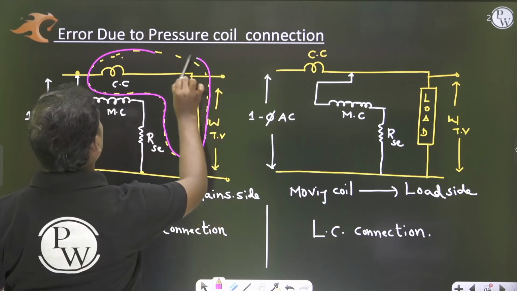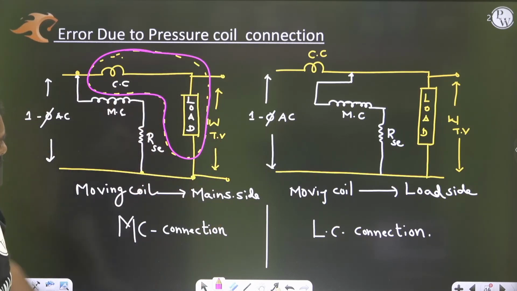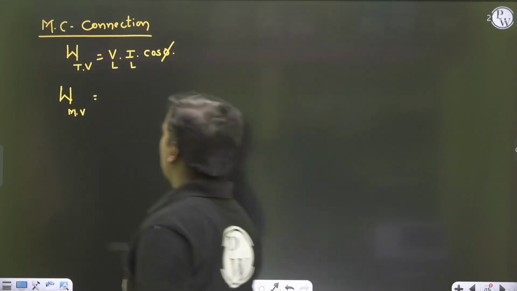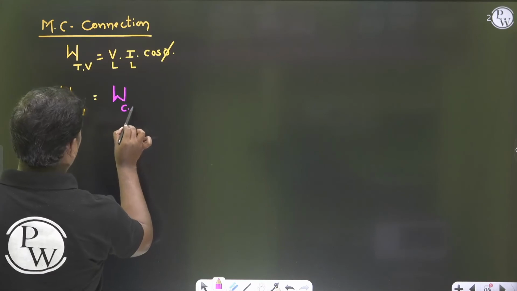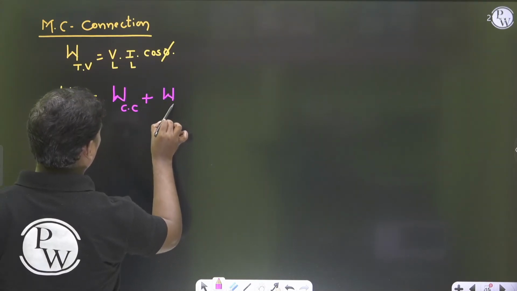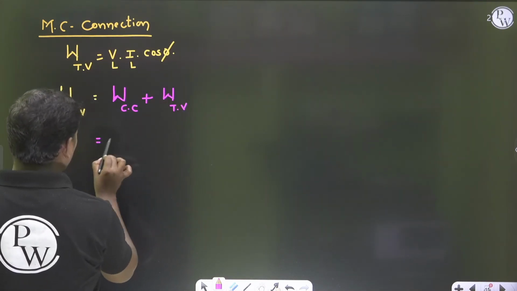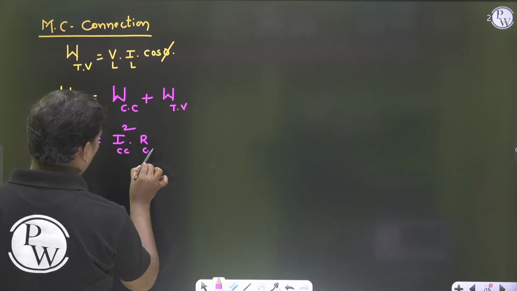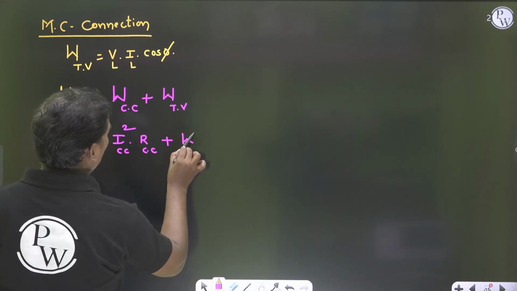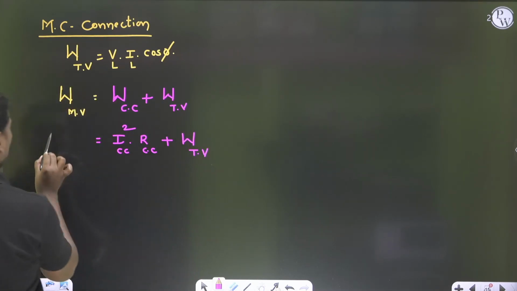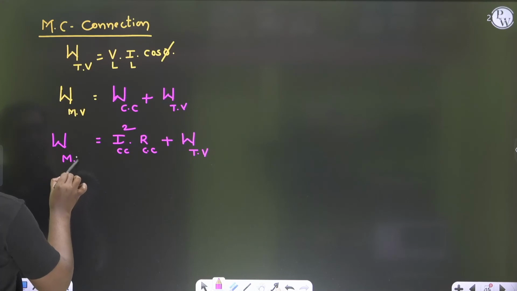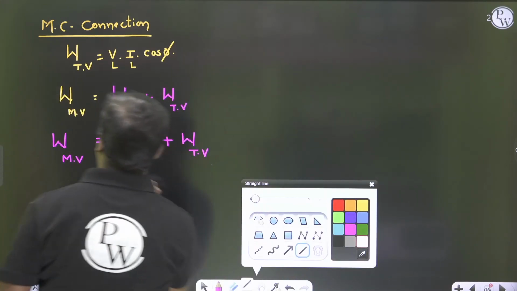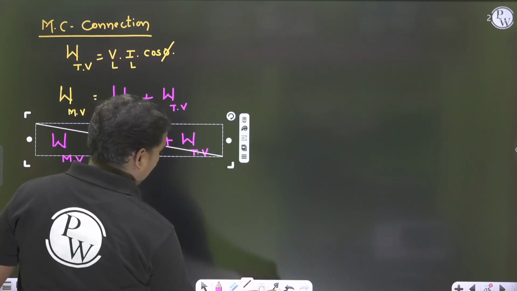So the measured power will be the power consumed by the current coil plus the true value. The power consumed by the current coil is the current passing through the current coil and the resistance of the current coil, plus the true value. Definitely there is an error.